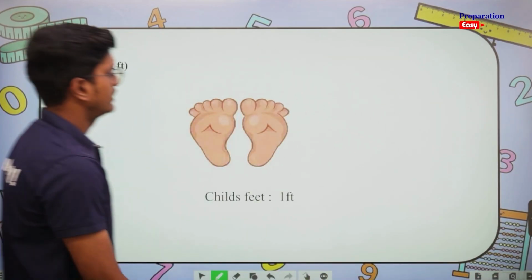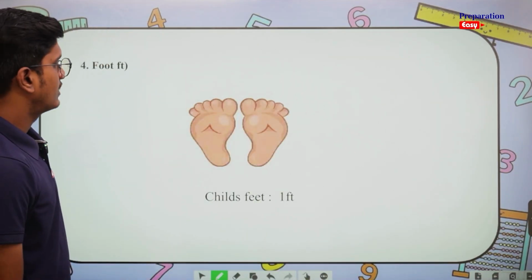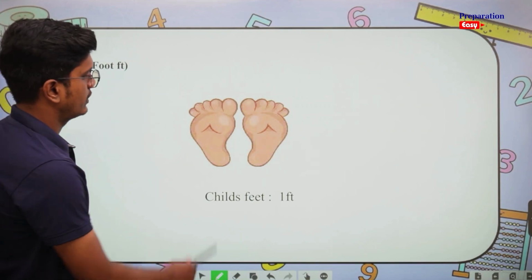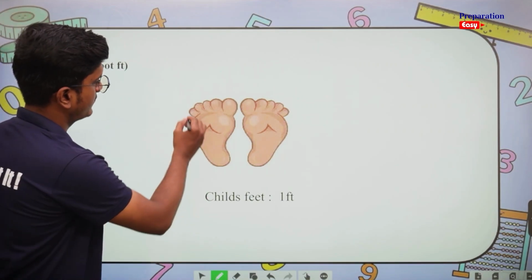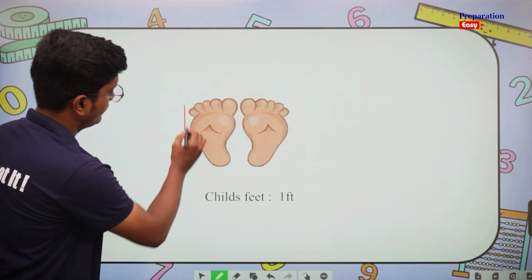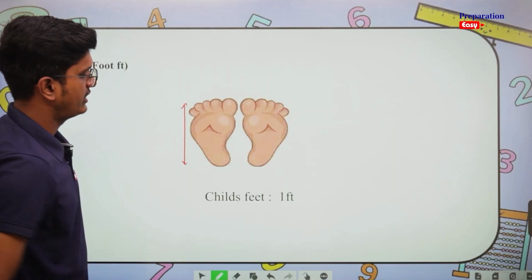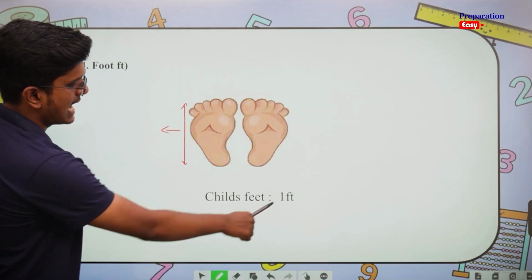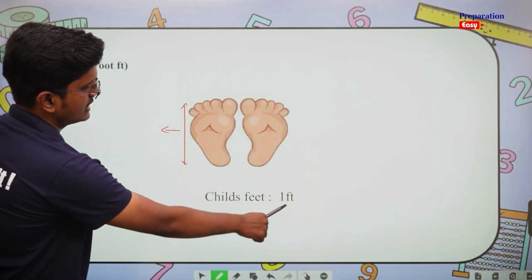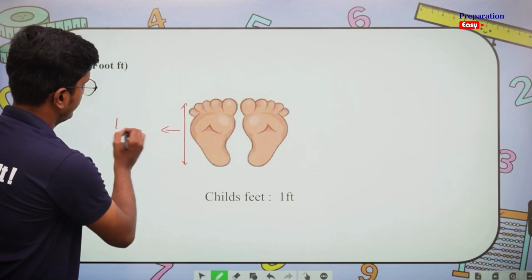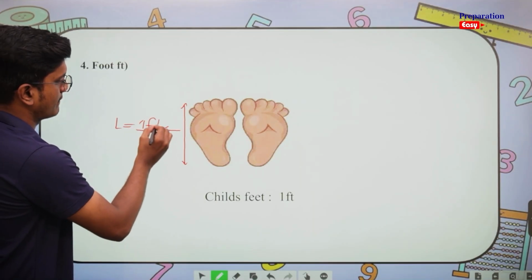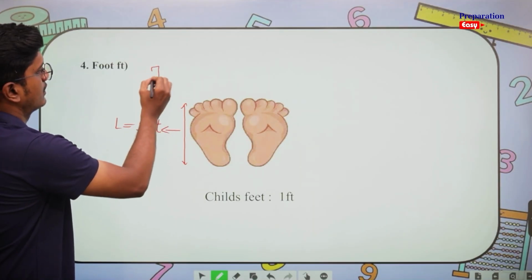So this is another unit. We have another unit of measurement, foot, right? So here we can see a child's foot. The child's foot has a length of 1 foot.